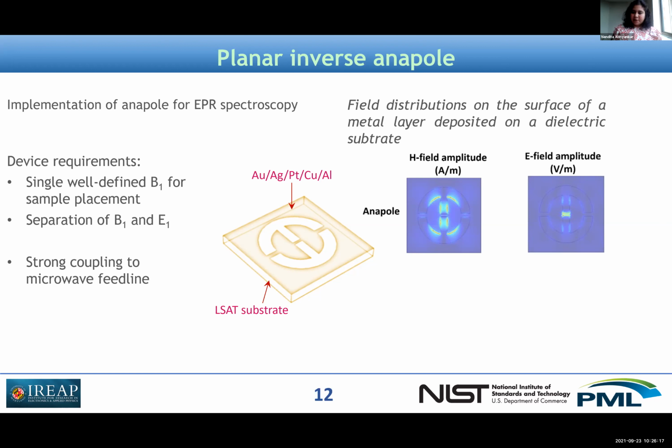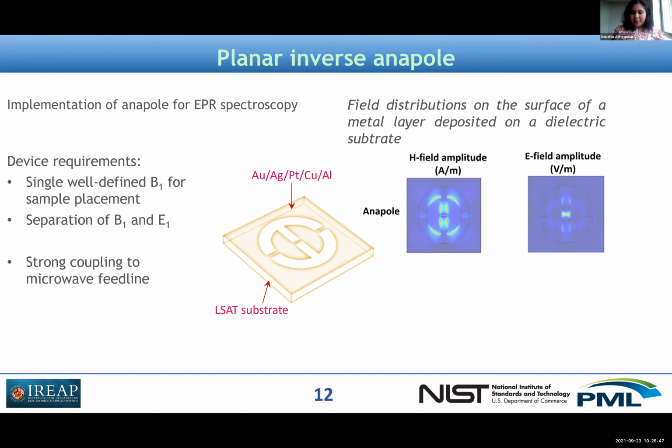And so we struggled with this for a while, but then someone suggested that we could invert the metal and dielectric coverage. So for example, in the little cartoon in the middle, the yellow area is metal and the white area is dielectric. And so what we have is a bridge at the center of the resonator, and you have a B1 perpendicular to this bridge, which acts as the active volume.